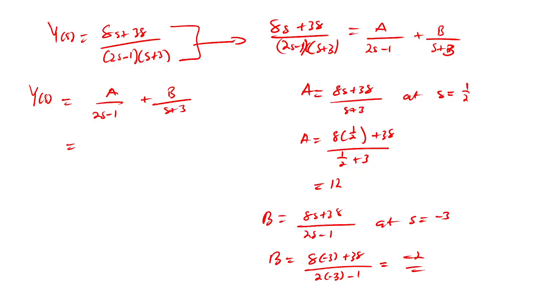We know that A is 12 all over 2s minus 1, plus our B, which is basically minus 2, all over s plus 3. This is our Y of s. So we need to solve this. How are we going to solve this?